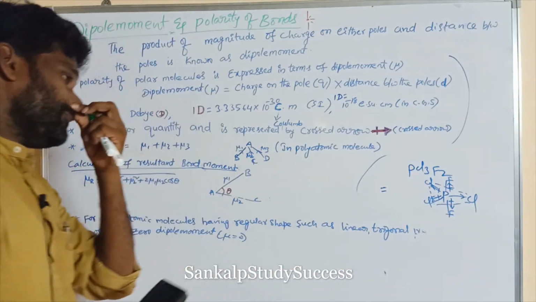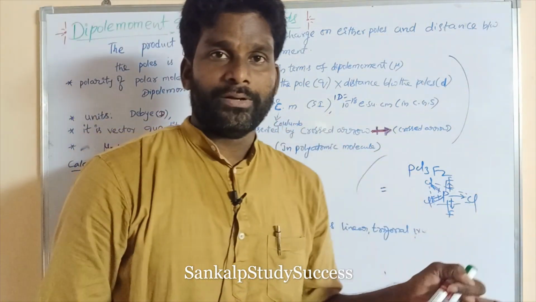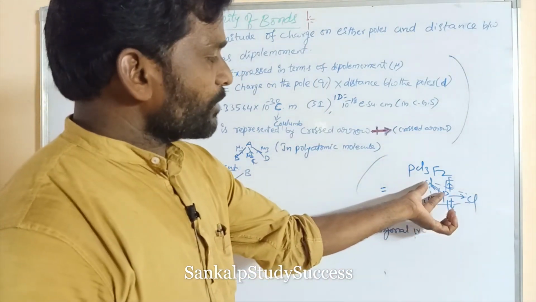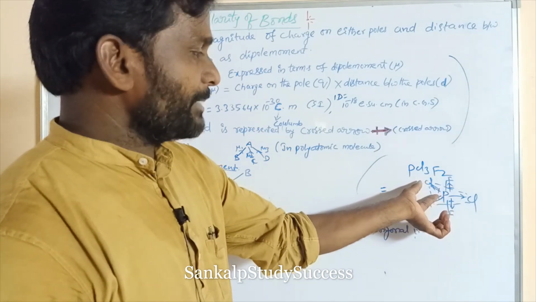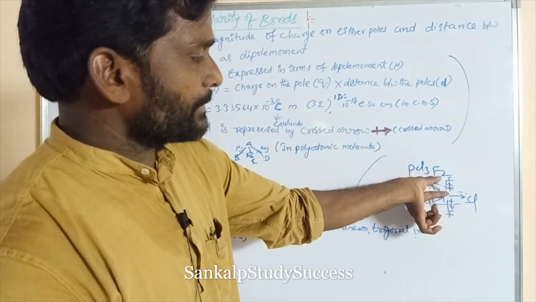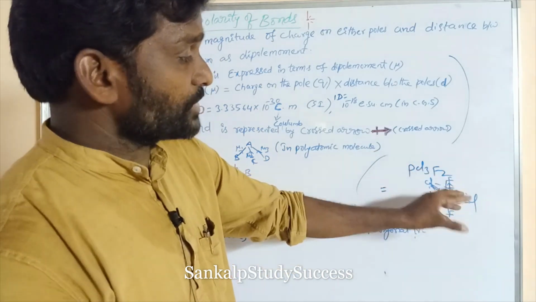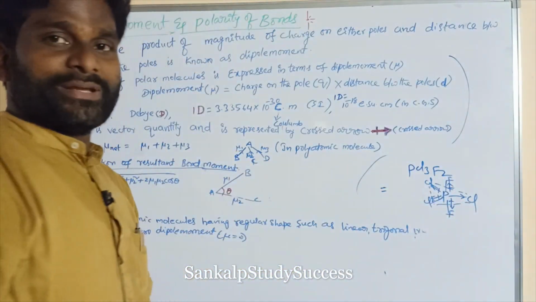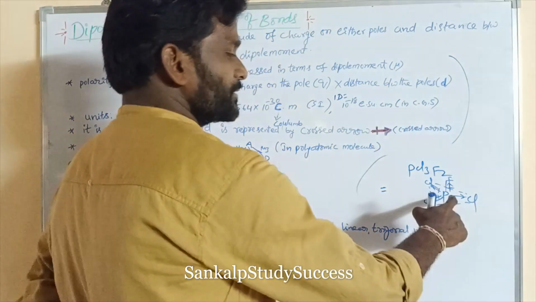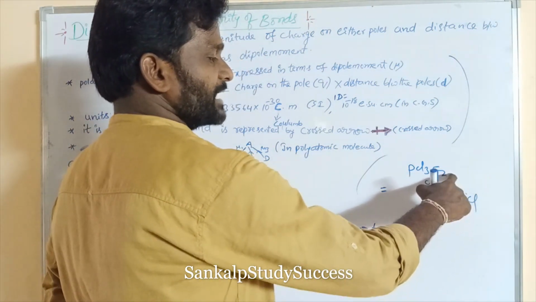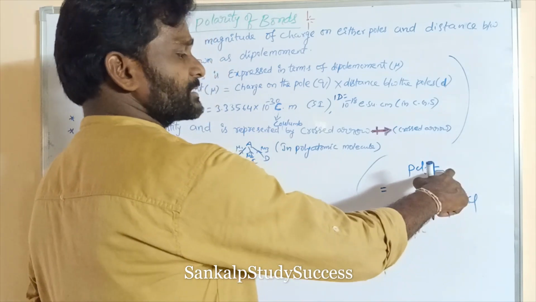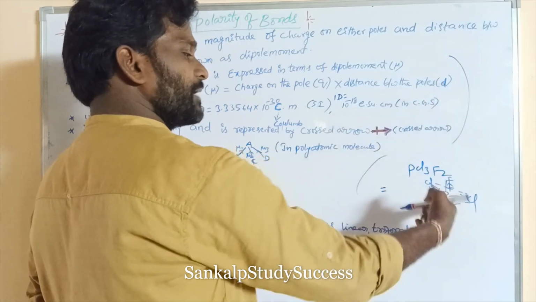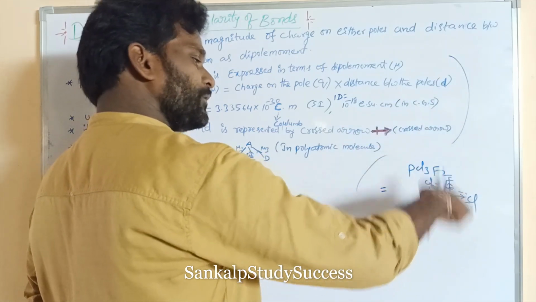Here the net dipole moment of a polyatomic molecule depends not only on the number of particular bonds, it also depends upon the spatial arrangement of bonds. Spatial arrangement of bonds means, here the P-F bond is directed towards the fluorine side, above the plane, and this P-F bond is below the plane.